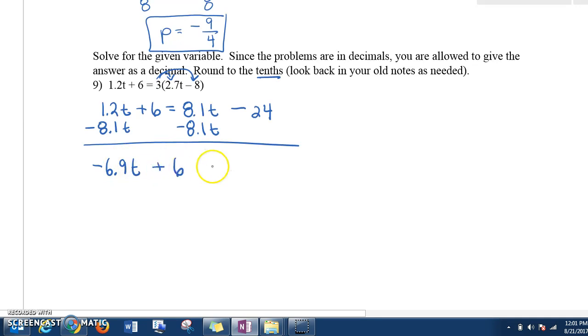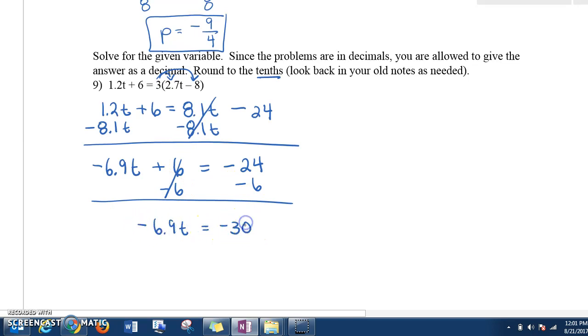The 6 drops down plus equals, the 8.1t and the minus 8.1t cancel. We're left with minus 24, or negative 24. We're now going to subtract 6 to the other side. Negative 6.9t equals negative 30.